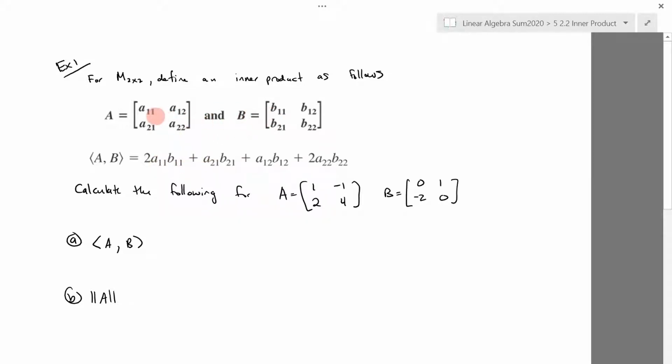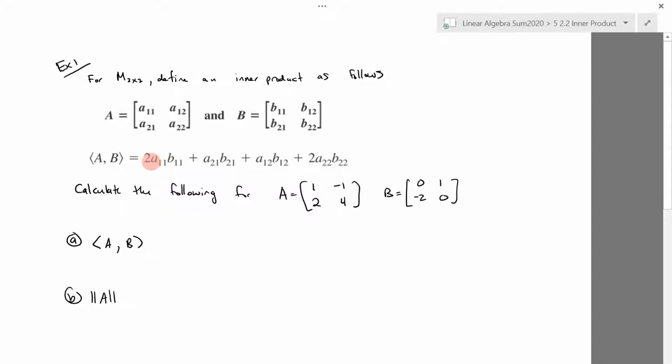You have two matrices A and B, with the entries playing the role of the coordinates, and the inner product is defined as 2 times A11 times B11 plus A21 times B21 plus A12 times B12 plus 2 times A22 times B22.